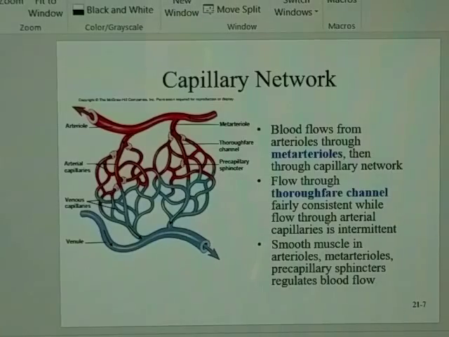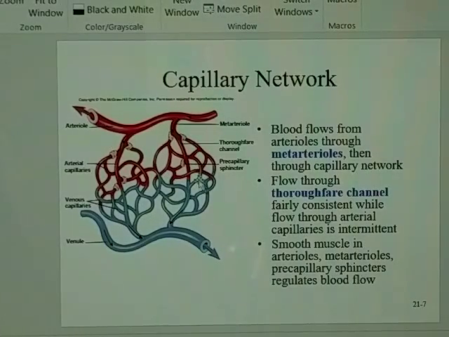When we begin to look at the capillary network, this capillary bed, one thing I've tried to really point out is that in the capillary bed, arteries are going to meet the veins.